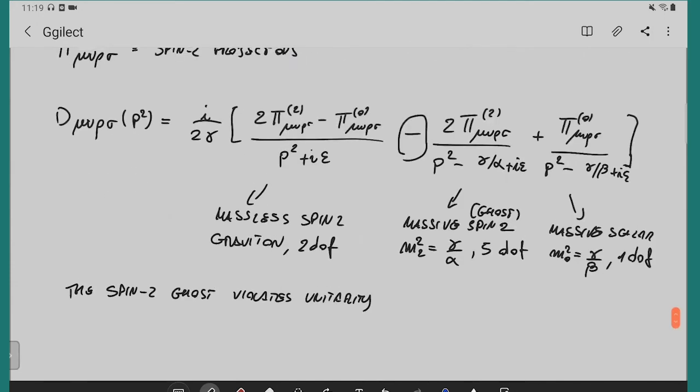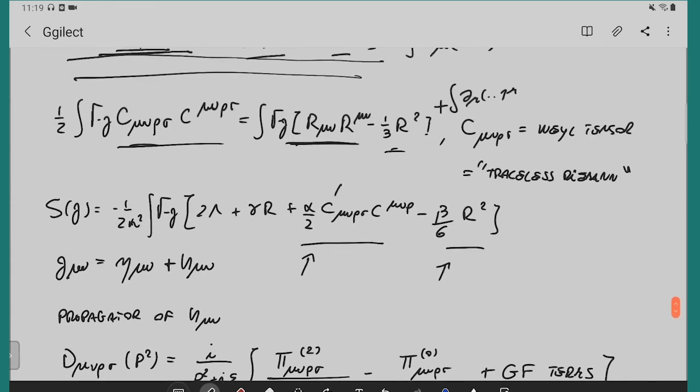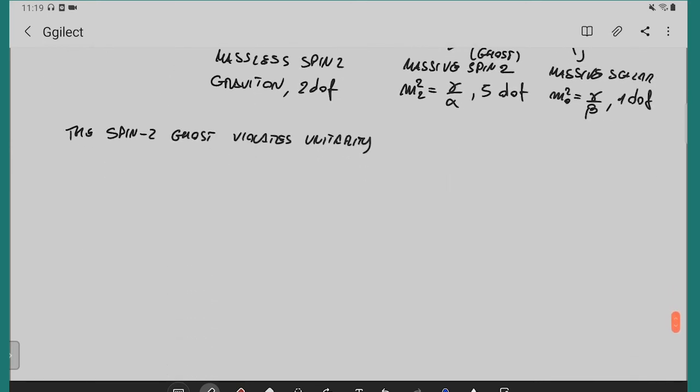Okay, so this theory has 4 derivatives because you have 2 derivatives here and 2 derivatives here. So in the equation of motion, you will have 4 derivatives. You just have to count them, and there are 4. One might think to add even more higher derivatives and see what happens.